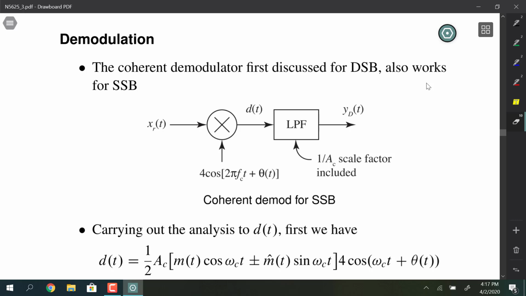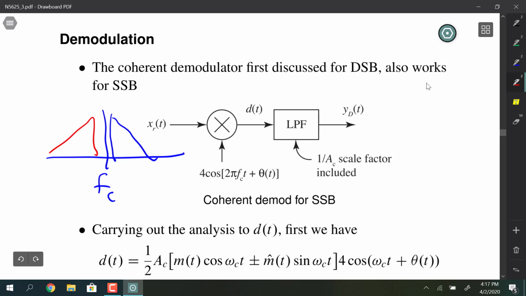And see what's going on here is the signal comes in. If I can draw on this, at FC, either we have a sideband present like that, or we have a sideband present like that. When I multiply by cosine of FC, I'm going to get the difference frequency, and it's going to pull that signal down to baseband.